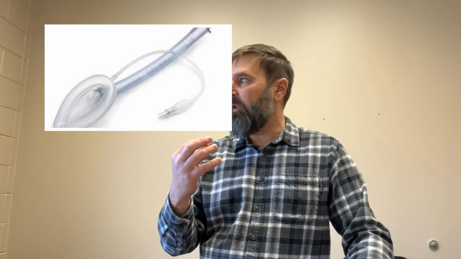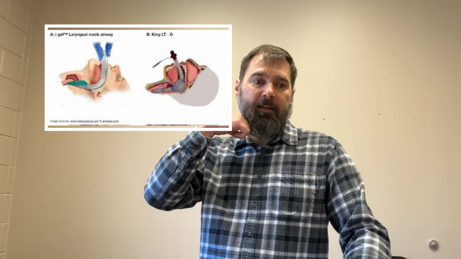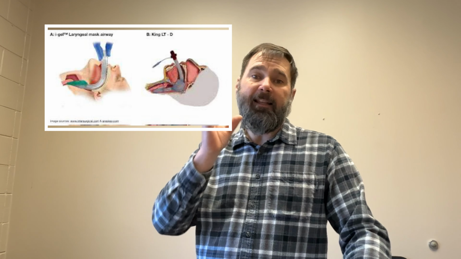What's happening with those techniques is we're inserting a rigid tube down to the throat, and we're occluding the airflow into the gastric area and minimizing ventilation backflow. So what we're doing with those supraglottic airways is concentrating the ventilation at the glottic opening. Those are your supraglottic airways, and you'll have time to practice those.